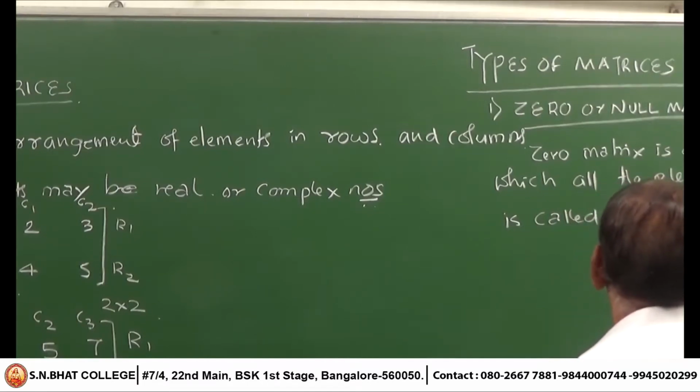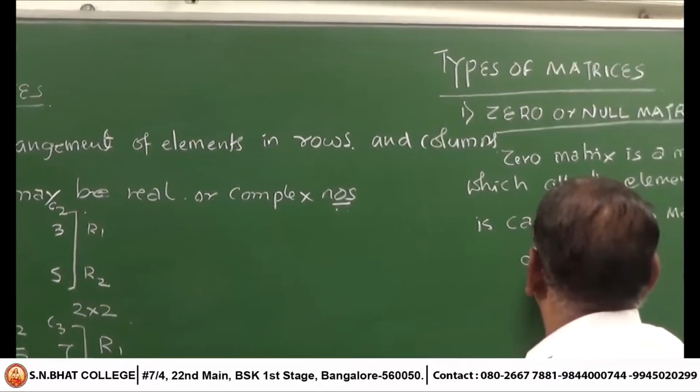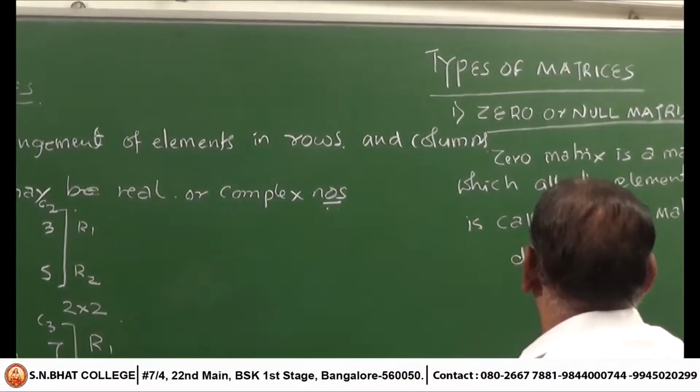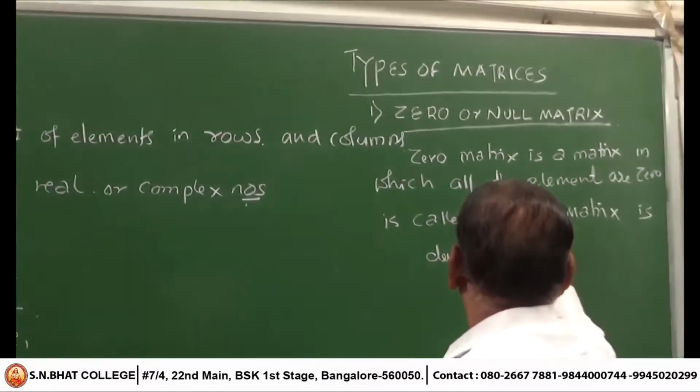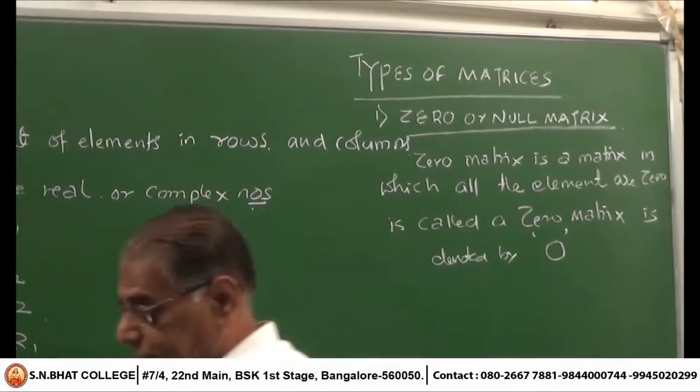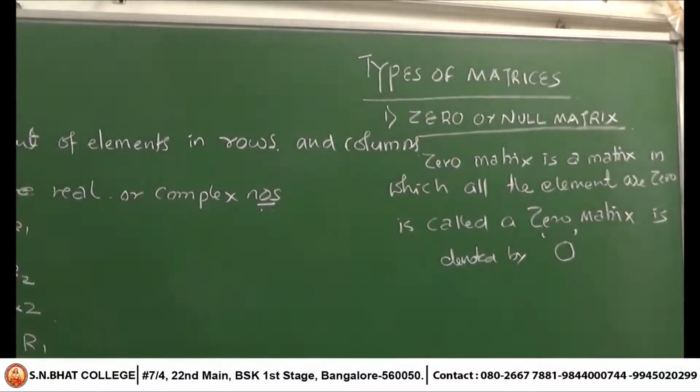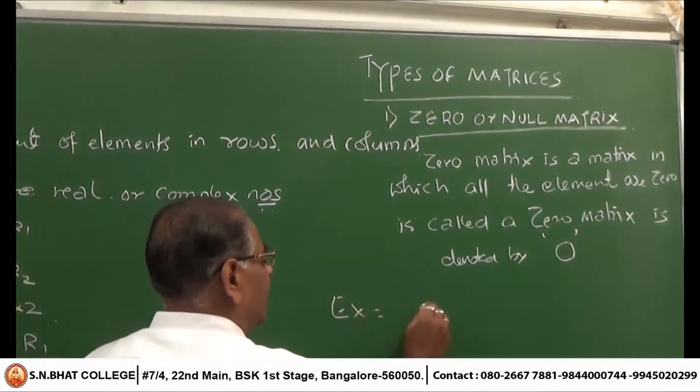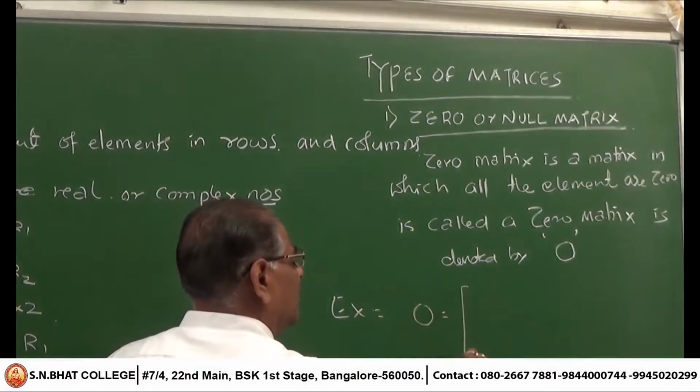It is denoted by the symbol 0. Example: a zero matrix is denoted by 0.